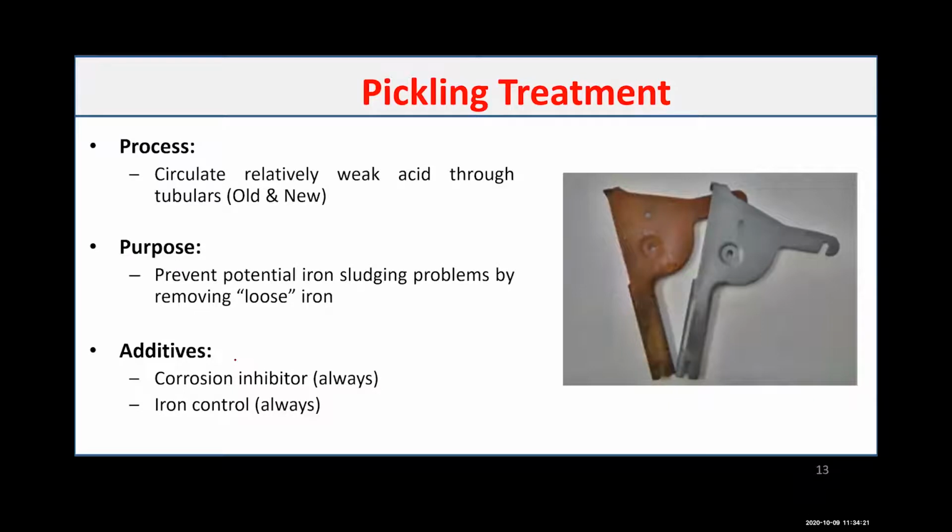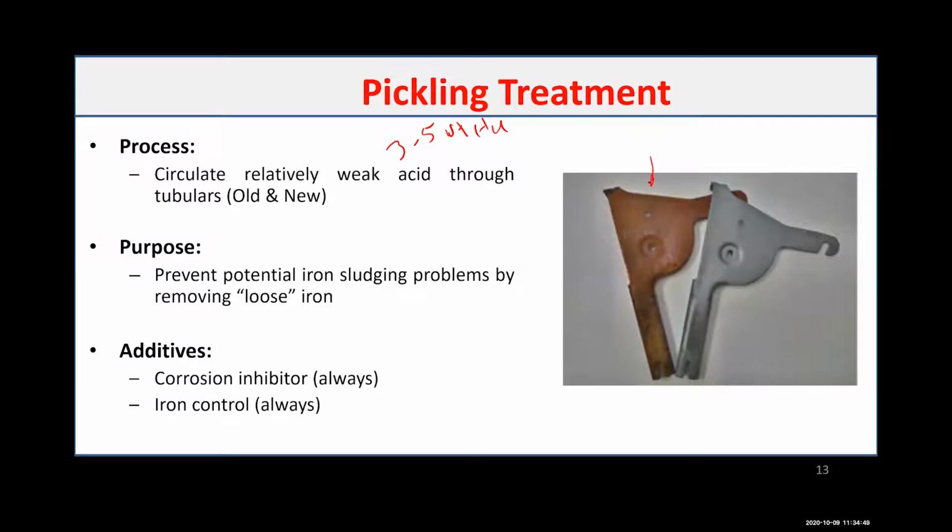First one is called pickling treatment, and usually we do this before any acid job. The process is pretty simple. We circulate usually a low acid strength, between 3 to 5 weight % HCl. The idea here is to remove any iron or rust in the pipe. Even if the pipe is new, usually you will see some rust inside the pipe.